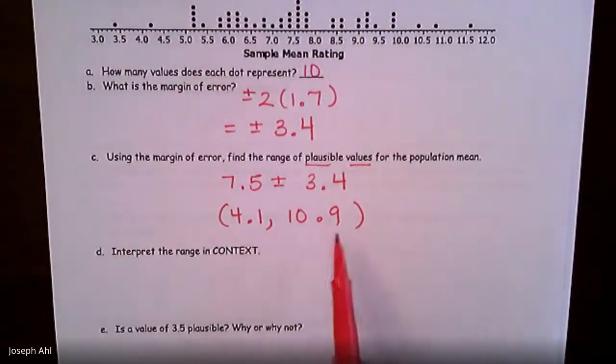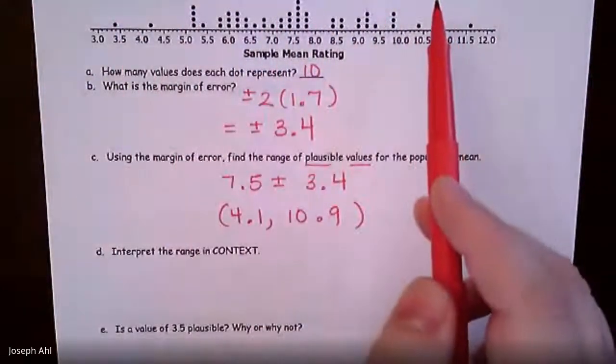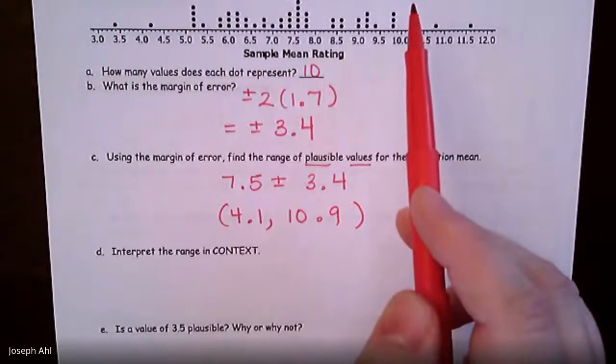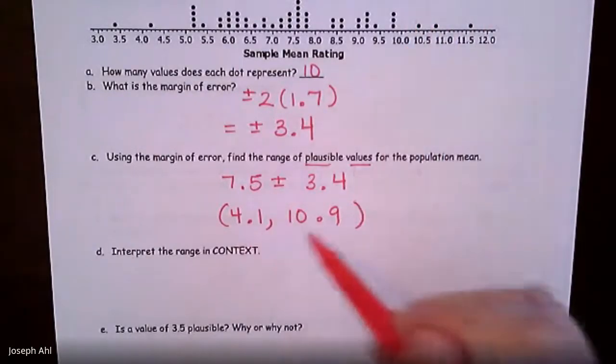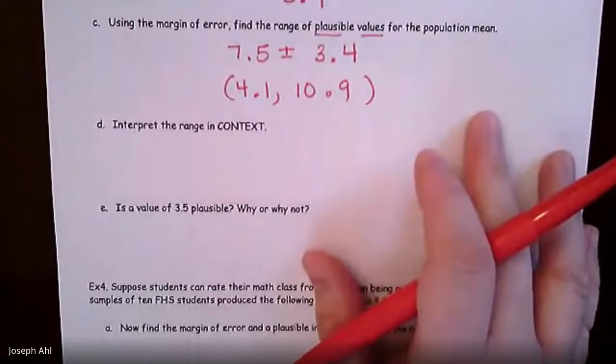So these are the range of values that seem likely. Now, we don't even really have a lot of context for what the data represented up here. But with this range of values, what interpretation can I make about that range?